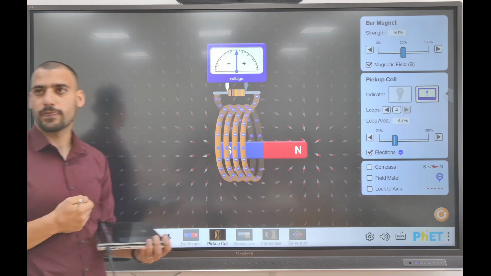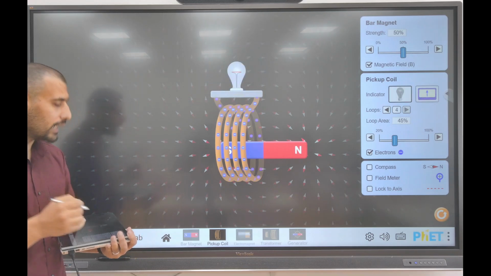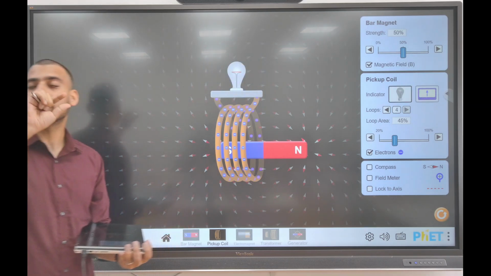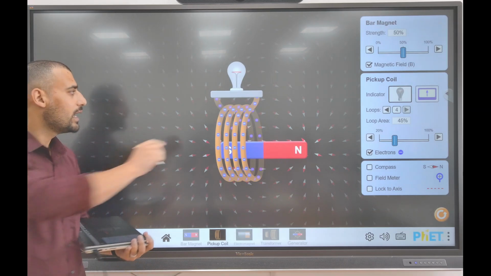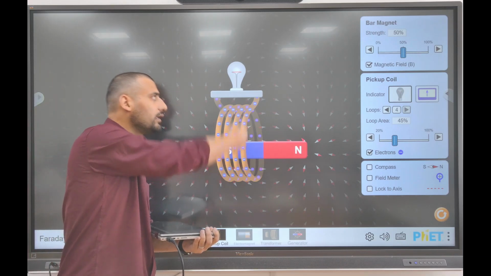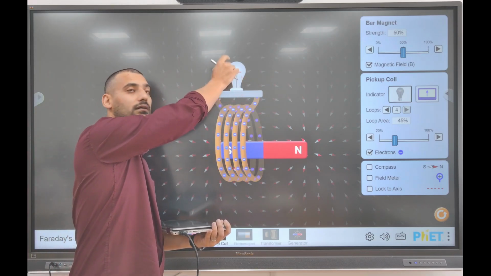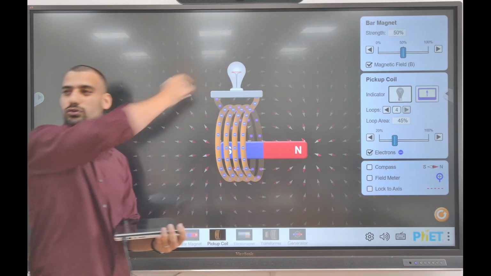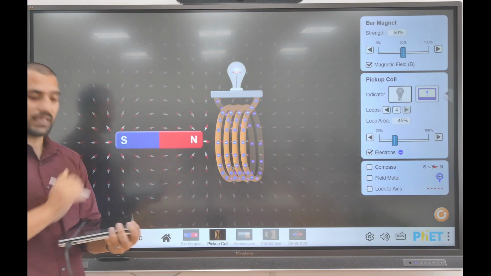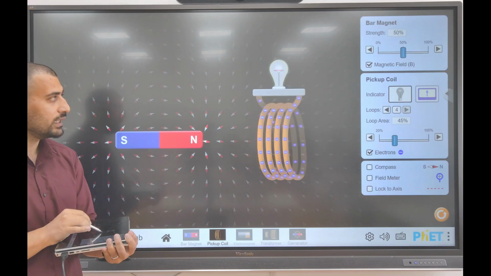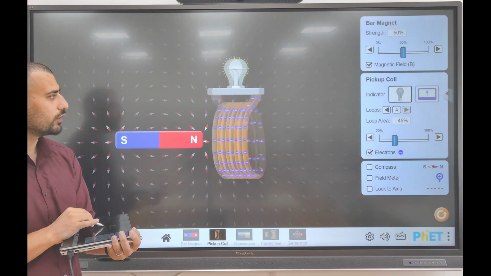And that means there is current, there is voltage. This is actually a voltmeter which is connected to this coil, okay? So what is happening is that he is observing that whenever the magnet is in motion, the bulb always glows, okay? But if he kept the bar magnet at rest and he moved the coil, see, now he is moving the coil, see?